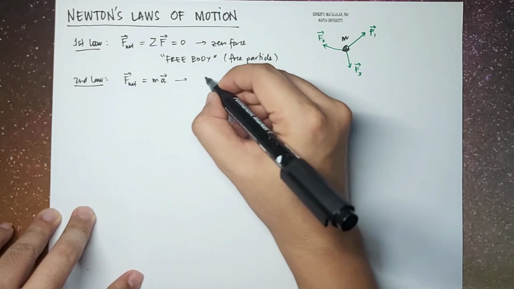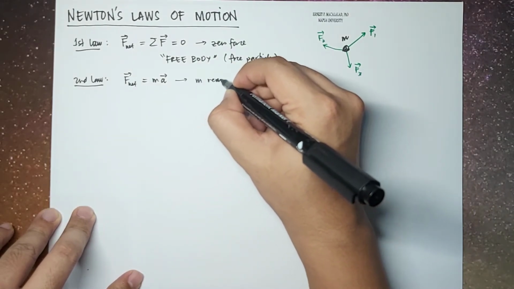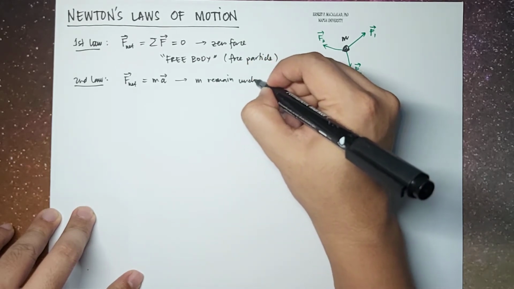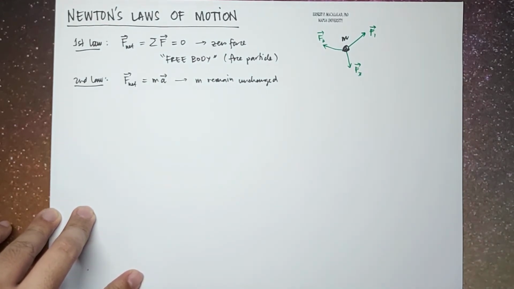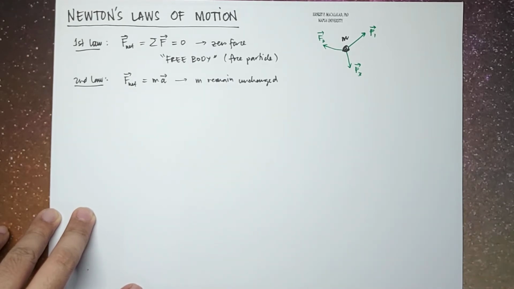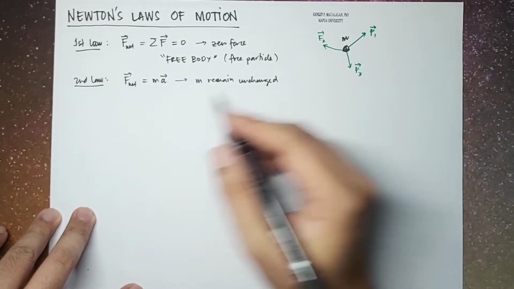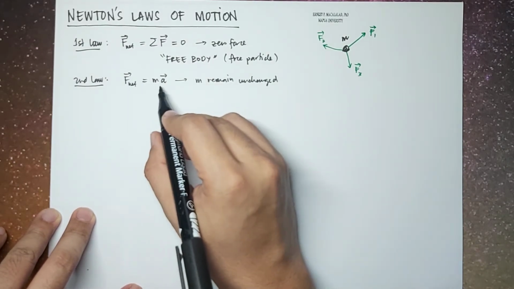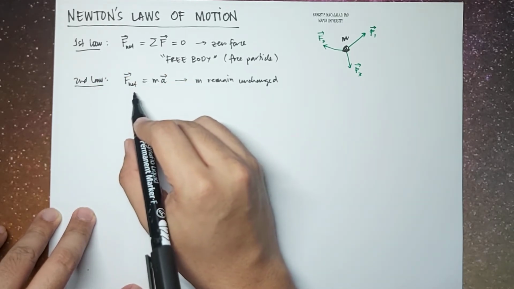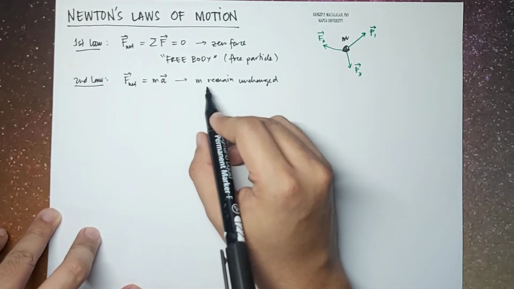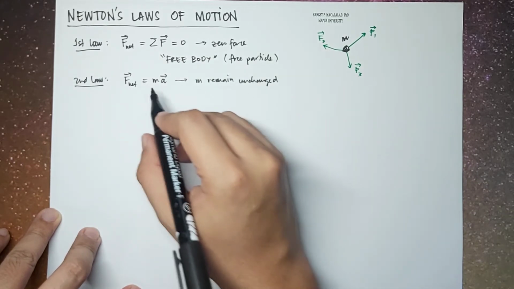Here we assume that the particle's mass remains unchanged, so the mass of the particle is constant. This equation tells us that if the force exerted on a particle is non-zero, unlike in the first law, the particle, assuming the mass remains constant, will accelerate.